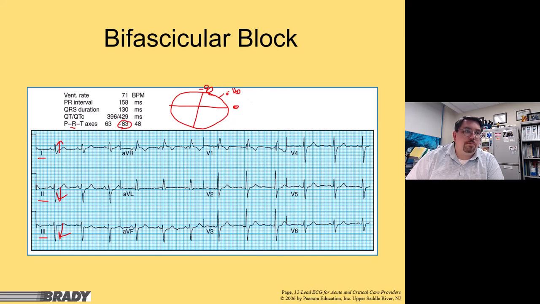But once it goes above that negative 39, in between negative 90 and negative 40, which is where we are, this becomes a left axis deviation, or LAD, and it is going to be physiologic, right? I'm sorry, not physiologic, pathologic. That's the big one. That's going to be pathological.